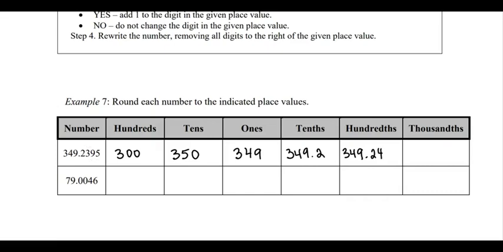And to the thousandths place, it's right here. I do have a 5, so that means this needs to be a 10. But I can only put the 0 in there, and I actually have to carry the 1 over to the 3. So I got 349.24 to the thousandths.